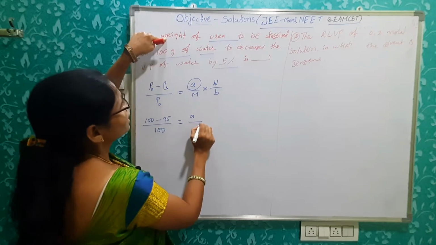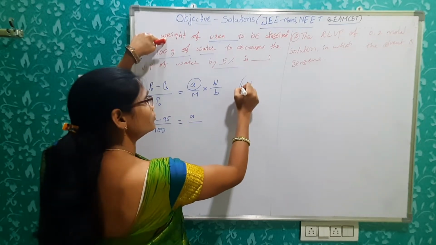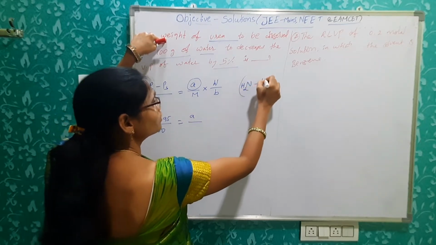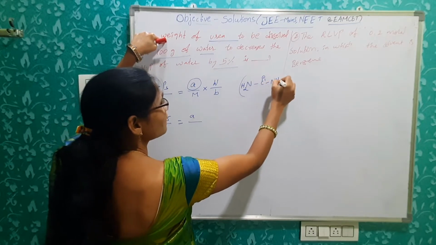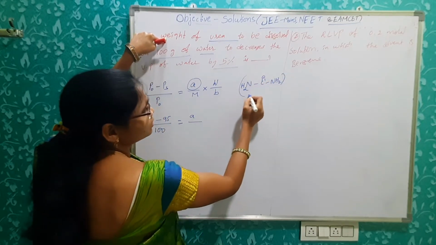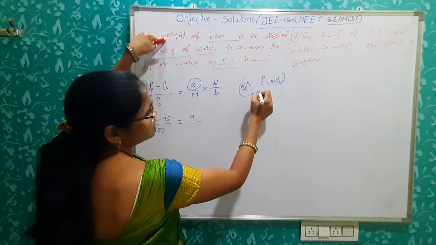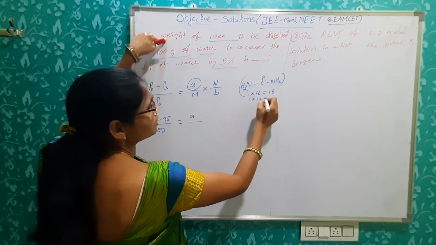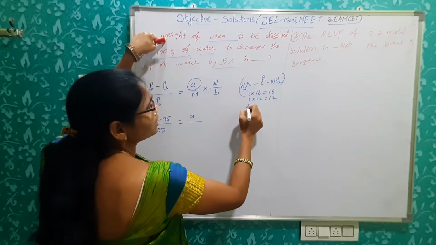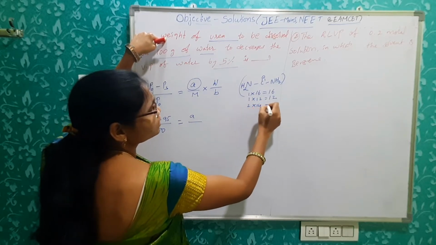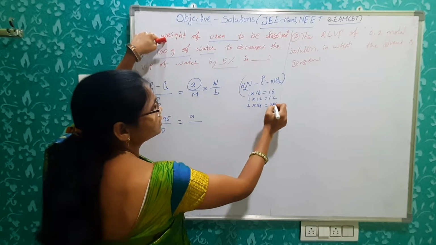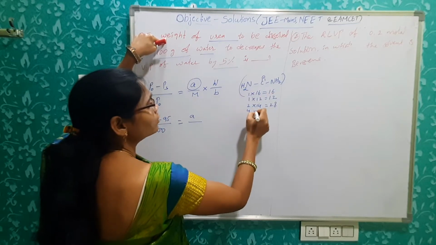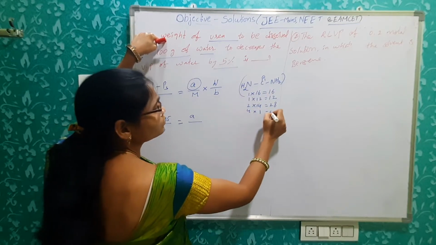The molecular weight of urea, with formula NH2-C=O-NH2: one oxygen 16, one carbon 12, two nitrogens 28, four hydrogens 4.